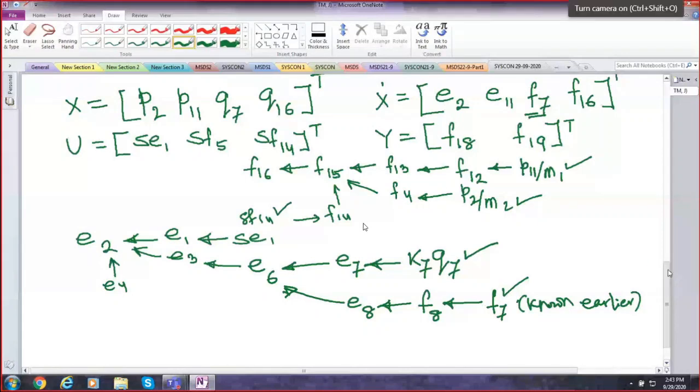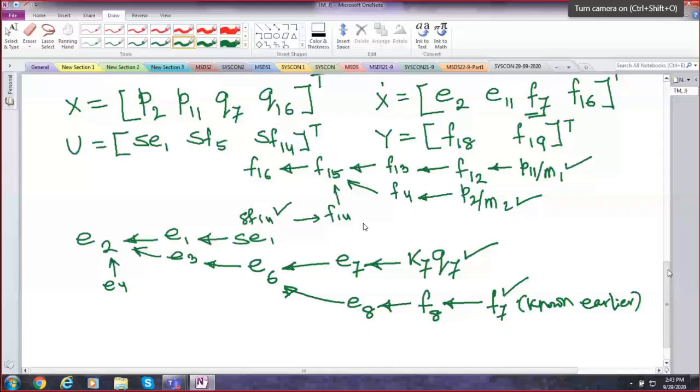For example, I write F7 is equal to what equation we know. F15 is equal to what equation we know. So F16 is equal to F7 and F16 equations we already know.